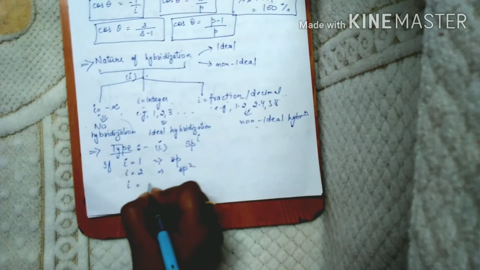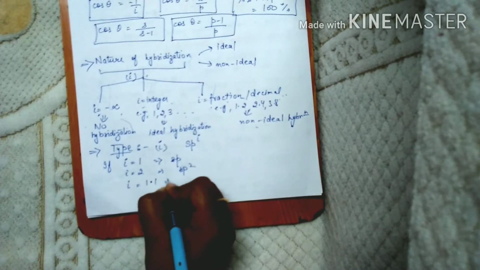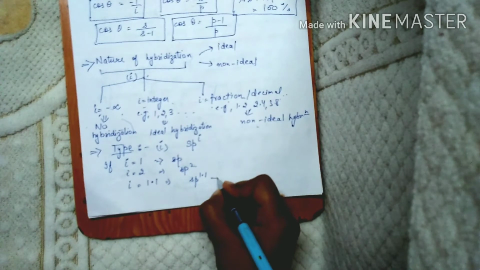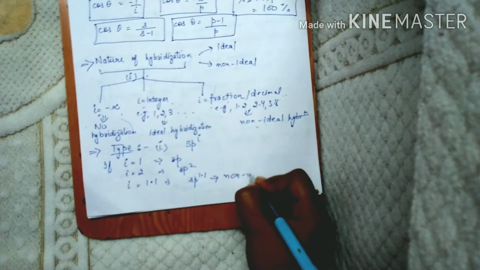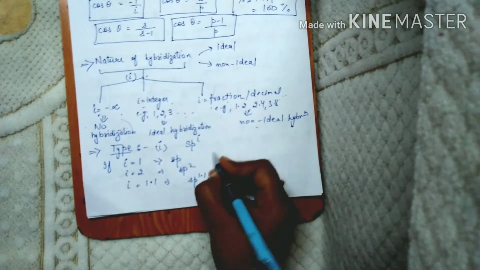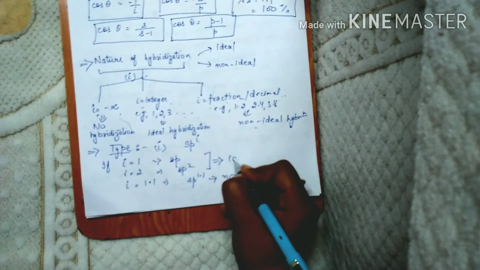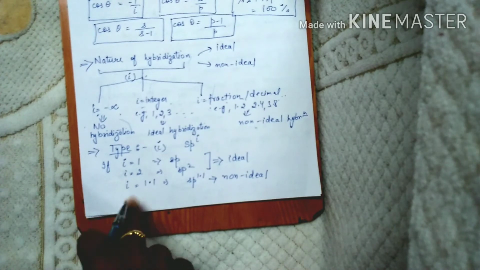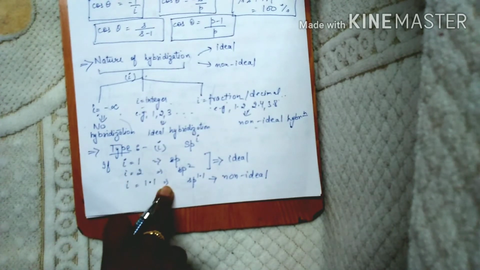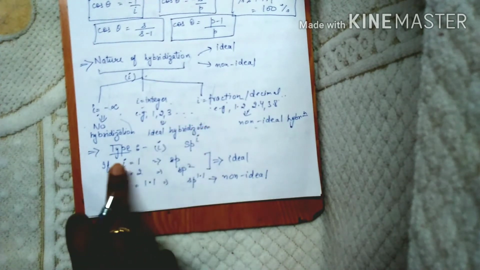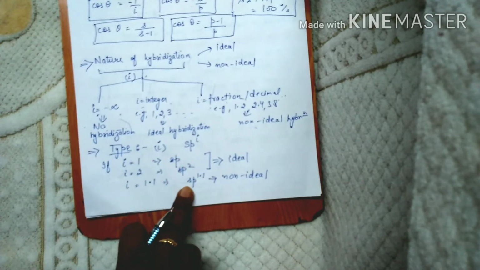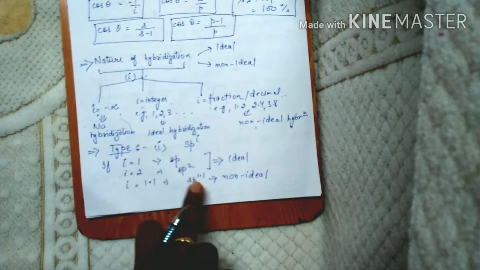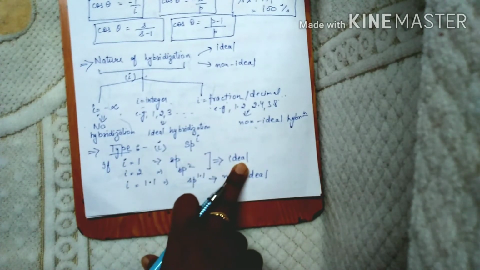If i is equal to 1.1, then it is sp to the power 1.1 hybridized. So this is your non-ideal hybridization, and these are your ideal hybridization. Okay, so inside the types you can define the nature of hybridization. Type could be sp, sp2, sp to the power something, but inside this type you can also define that some are non-ideal while some are ideal in nature.